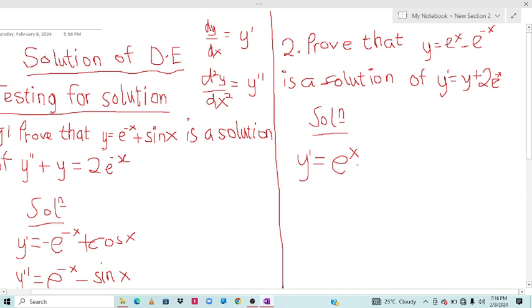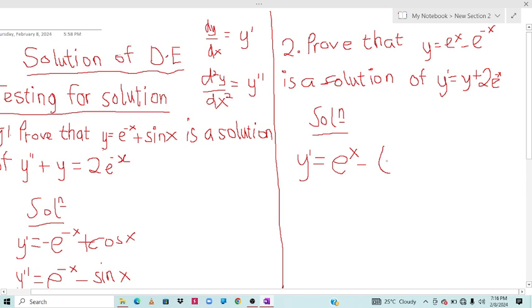Now, we already have the negative sign here. Let's differentiate e^(-x). With this one too, we differentiate the exponent first, which is negative x, to get negative 1, then multiply by the function.